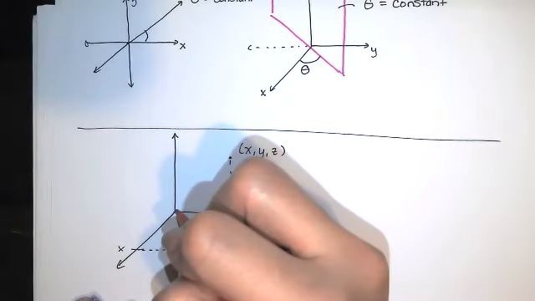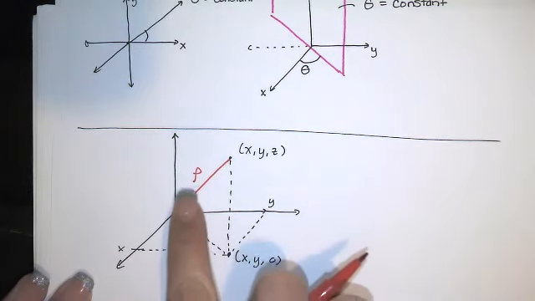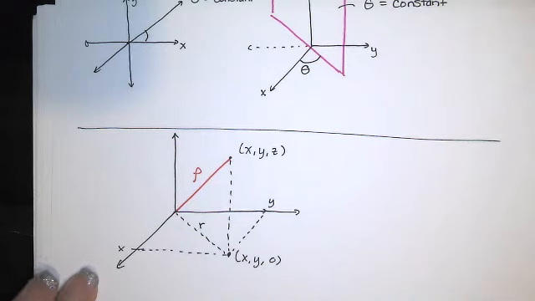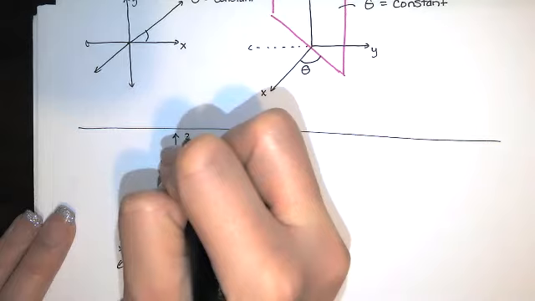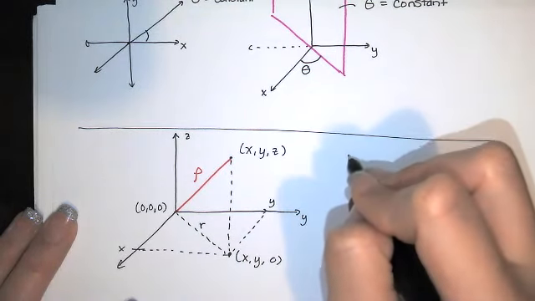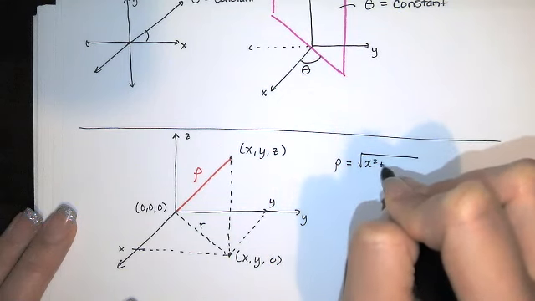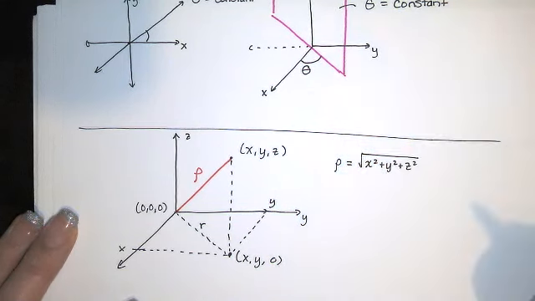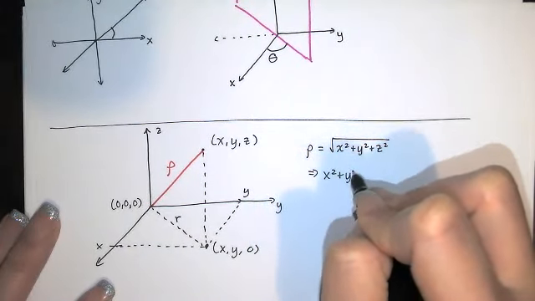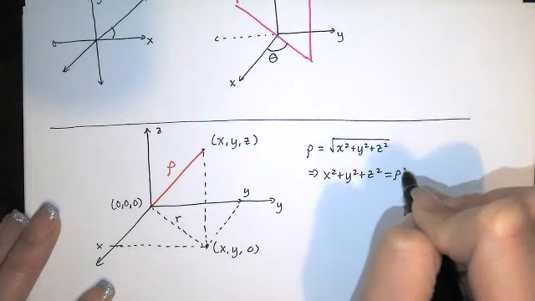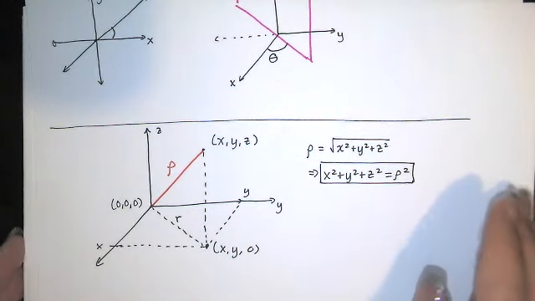But now if I switch to spherical coordinates, that distance from the origin is rho. Just using my distance formula, I can see that the distance from the origin is rho, so that's the square root of x squared plus y squared plus z squared. And if I square both sides, I get x squared plus y squared plus z squared equals rho squared, which is exactly what we would expect. That's the equation of a sphere of radius rho centered at the origin.